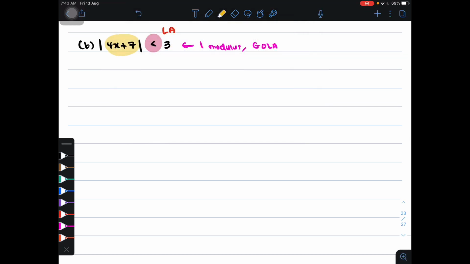Apa saja dalam modulus, kamu salin sekali sahaja. And then salin simbol ni letak kiri dan kanan. Ini 3 kan? So sebelah kanan ni kamu letak positif 3, sebelah kiri kamu letak negatif 3. So when you have something that looks like this, you need to separate it into 2 inequalities.